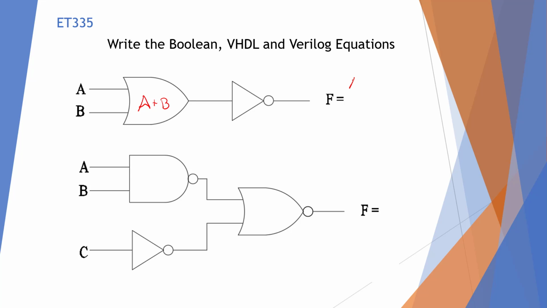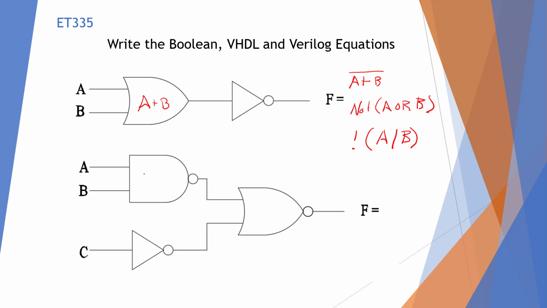So our Boolean is going to be A plus B bar, and our VHDL is going to be not A or B, close parentheses. And our Verilog is going to be exclamation point A pipe B.